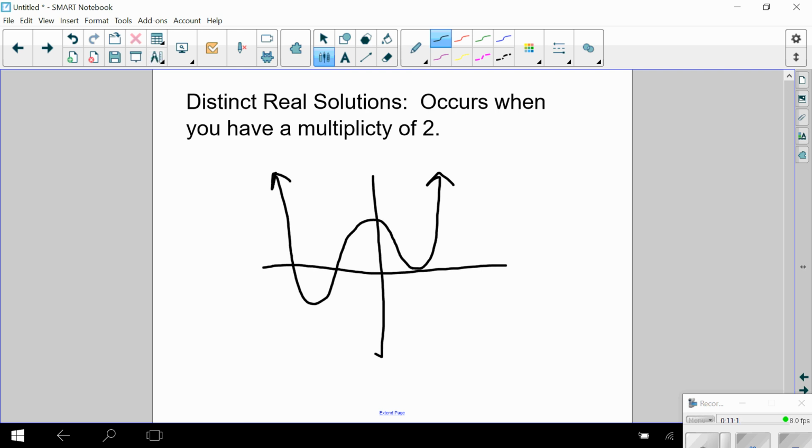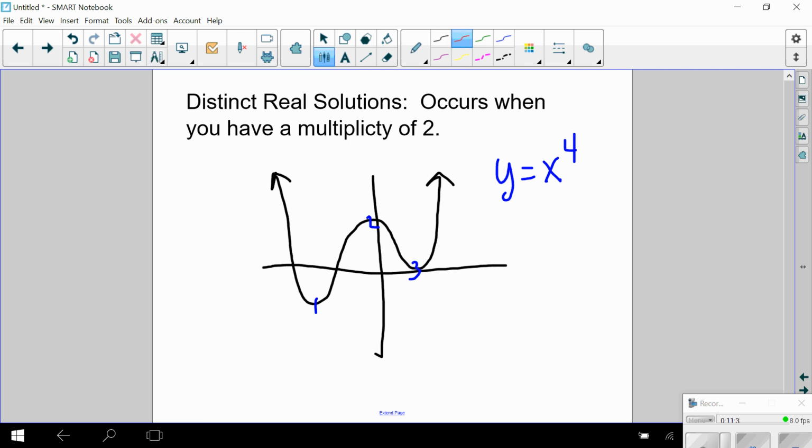Okay. What is my degree of this function? Well, let's look. I have 1, 2, 3 turning points, so it's to the 4th degree. Okay? Are you with me so far? Alright.